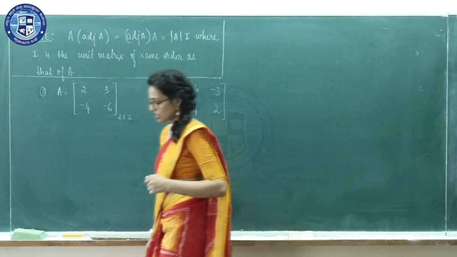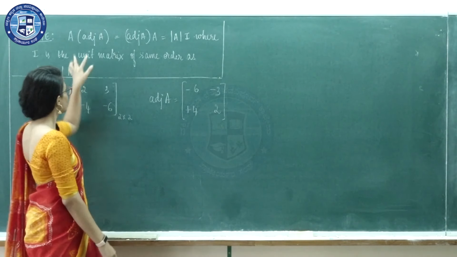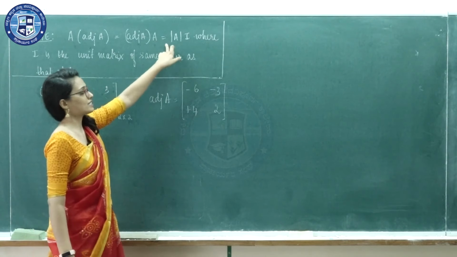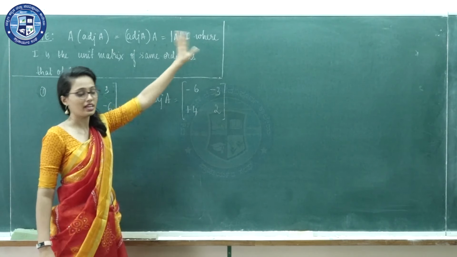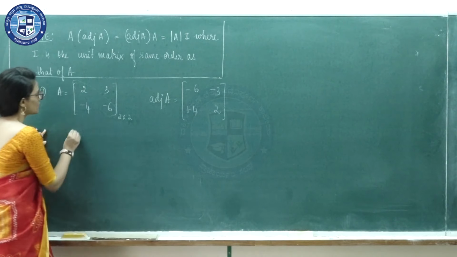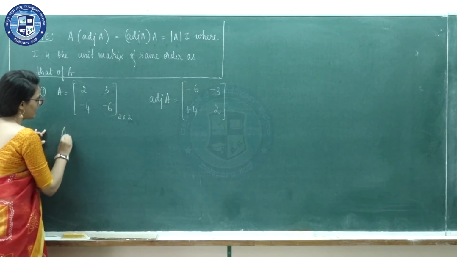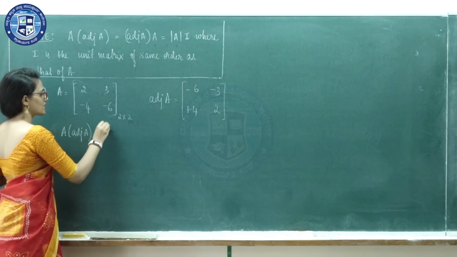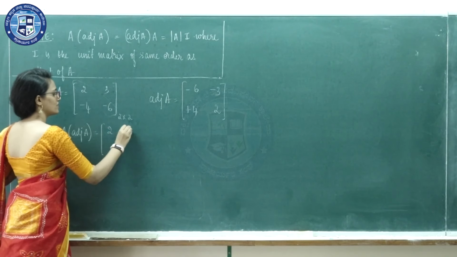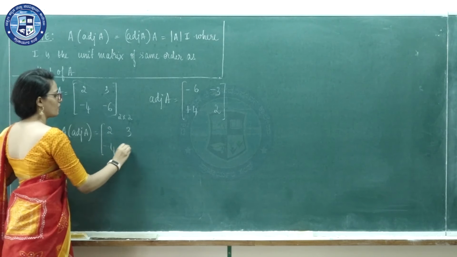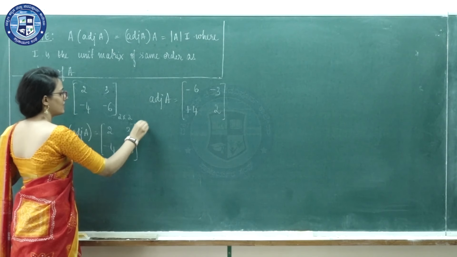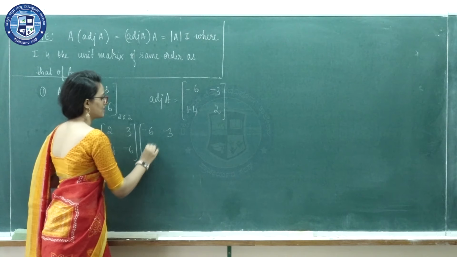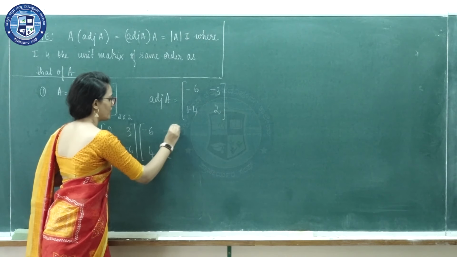Okay. So now let us find the values of A into adjoint A, and A into adjoint A is equal to determinant of A into I. Okay. So first let us solve this. A into adjoint A. So this is equal to 2, 3, minus 4, minus 6 into the matrix minus 6, minus 3, plus 4 and 2.